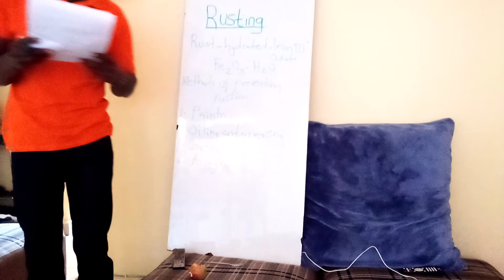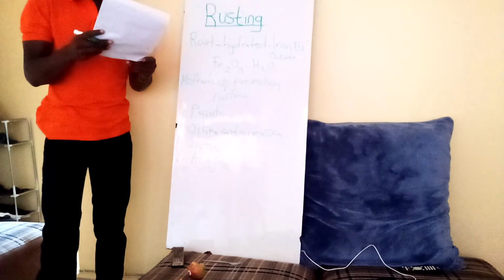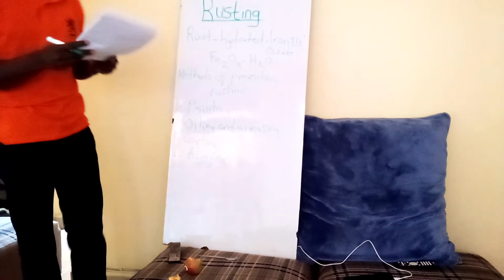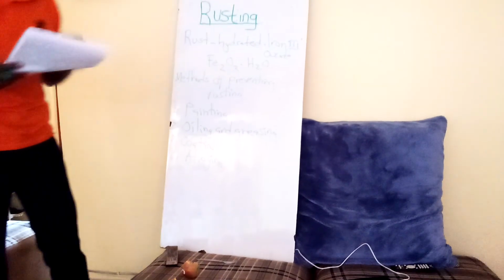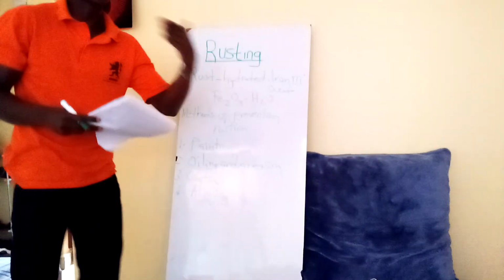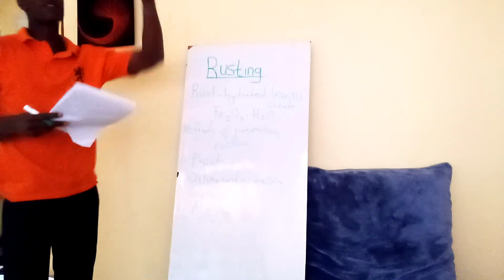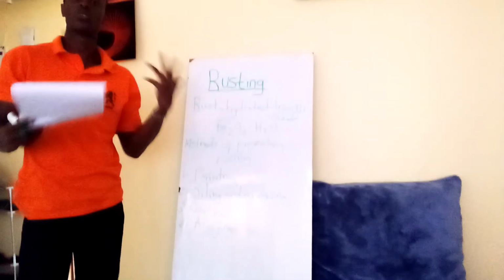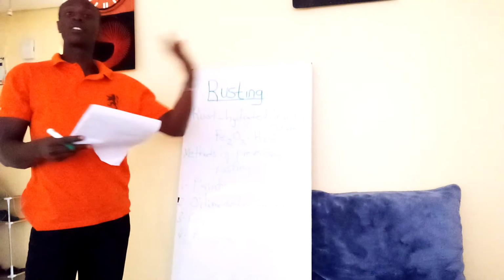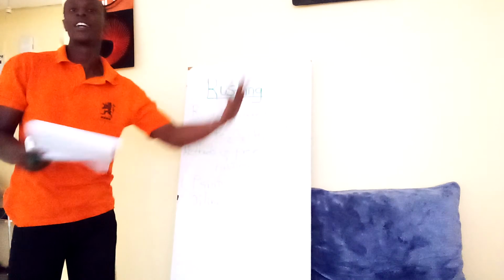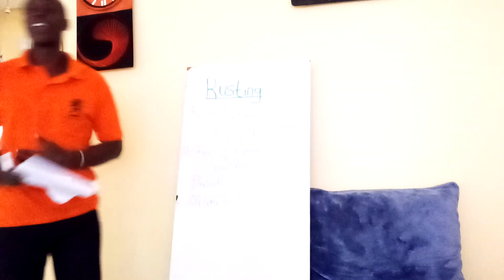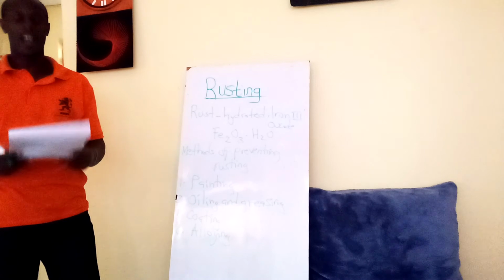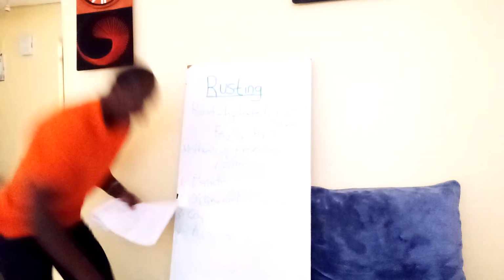So, if they are rusting faster, it means the rate of rusting has been accelerated. And Mombasa has the Indian Ocean, which has salty water. So due to the presence of salty water in Mombasa, the rate of rusting is high. That explanation will earn you marks.